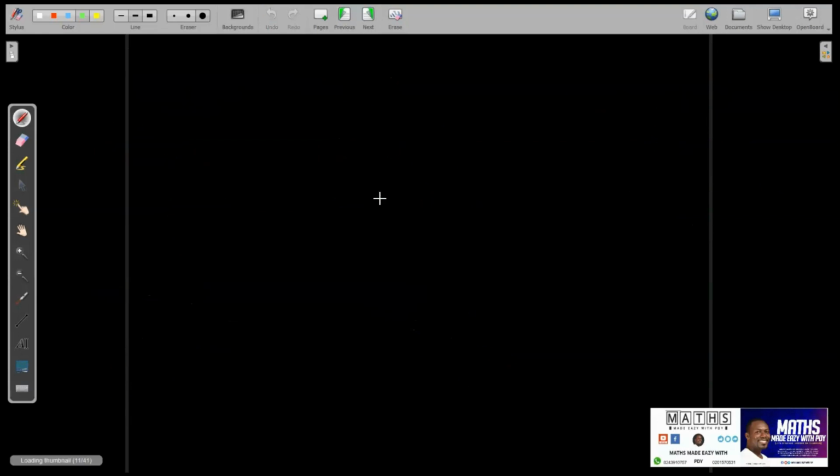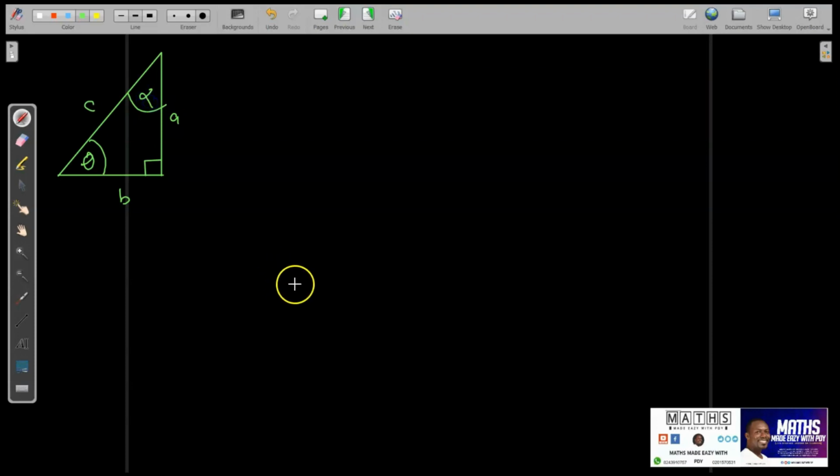So just a recap of whatever we did in our last meeting. If you have a right angle triangle, this time I'm drawing it in the opposite direction, with the sides labeled C, A, and B, and angles theta and alpha positioned.